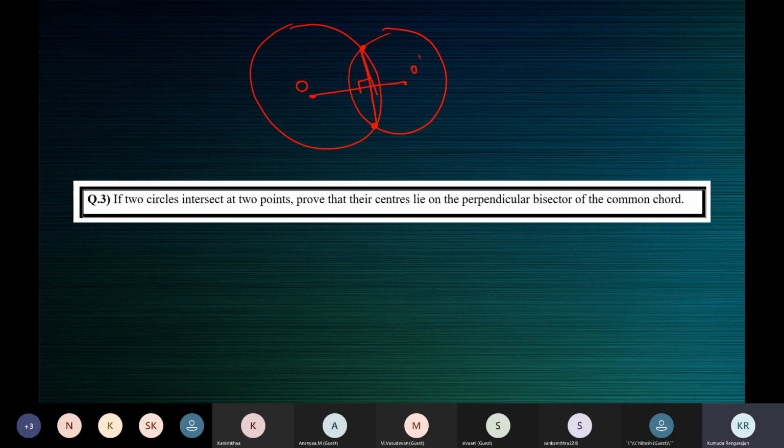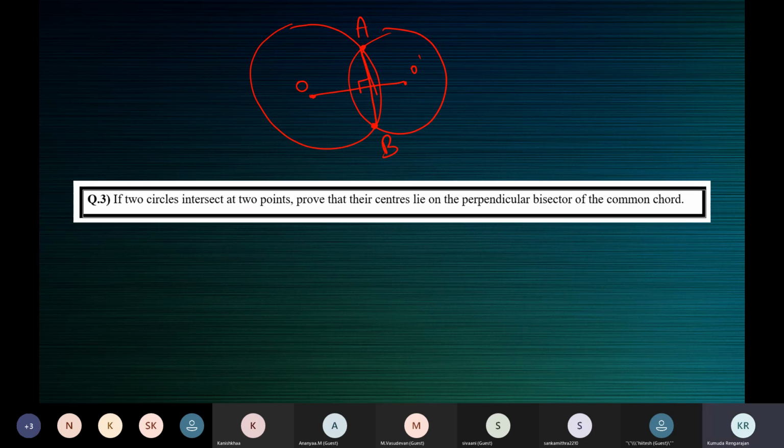There are 2 things here. Let me call the common chord AB. First, we have to consider 2 intersecting circles. A and B are the points of intersection. When you join A and B, AB is the common chord to the 2 circles.